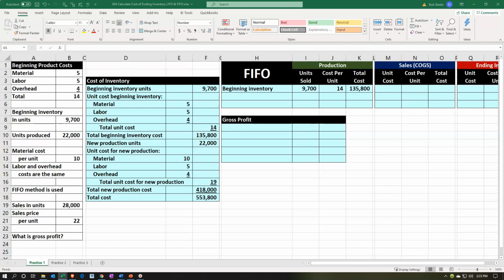The current units produced, current month production, and this is going to be the current month activity that we're going to have here. And that's going to be, how many units did we make this month? The 22. We say those are now costing 19. The $19. If we multiply those out, we're going to get the 418.